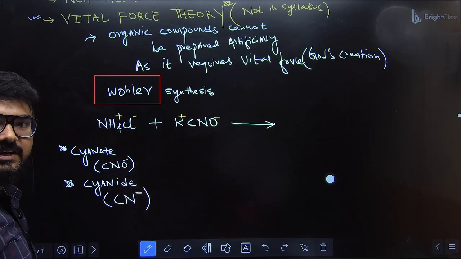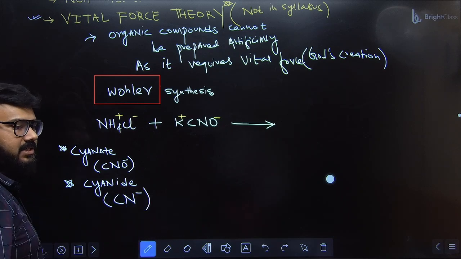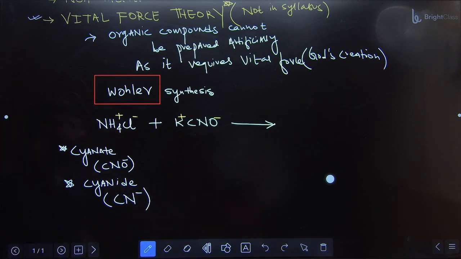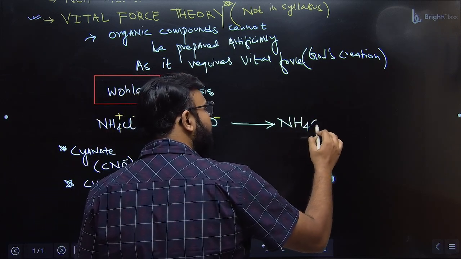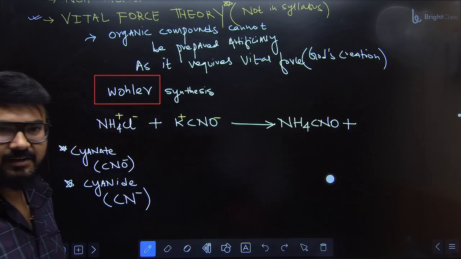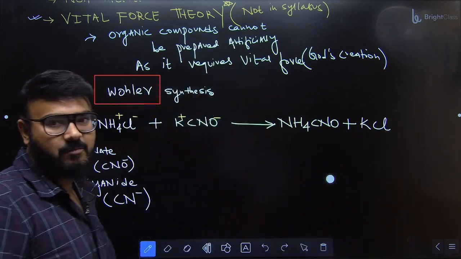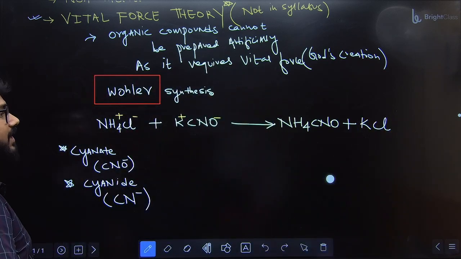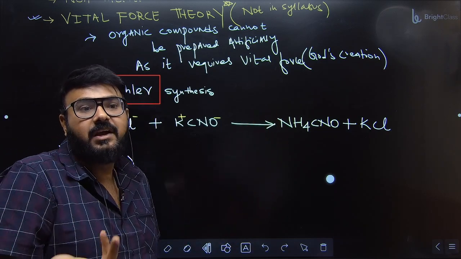Exchange them. That's double displacement. Simple. So, Archit, can you tell the answer? It is NH4CNO plus KCl, right? Very good. KCl, potassium chloride. Now he was actually preparing this, but a mistake happened.